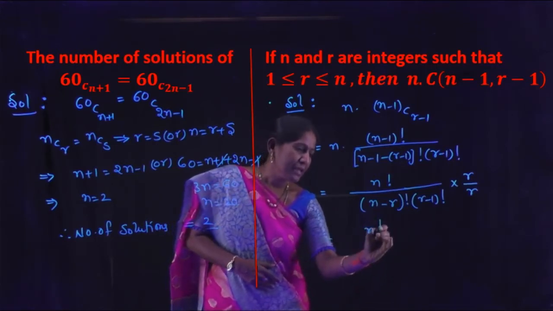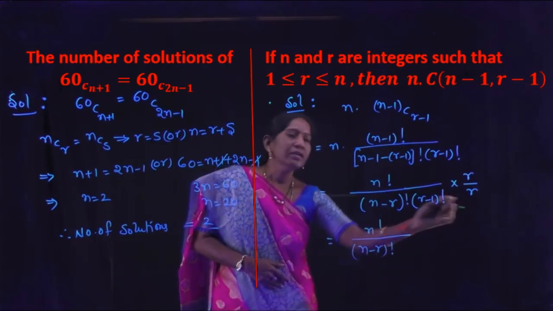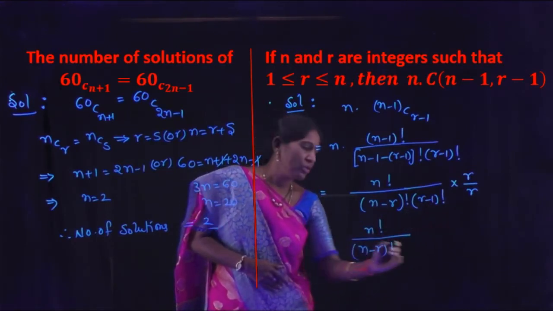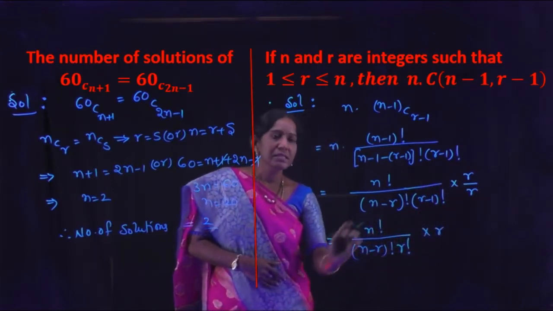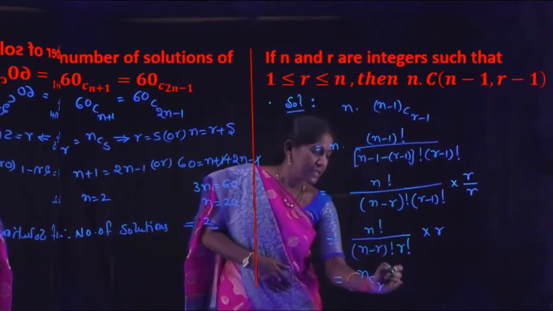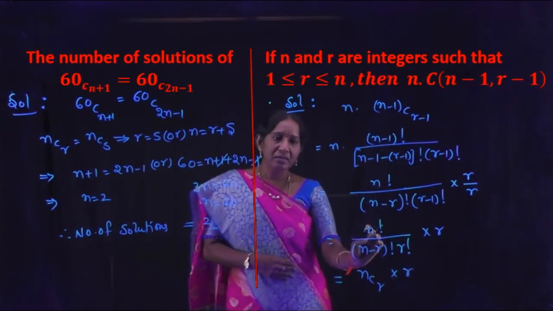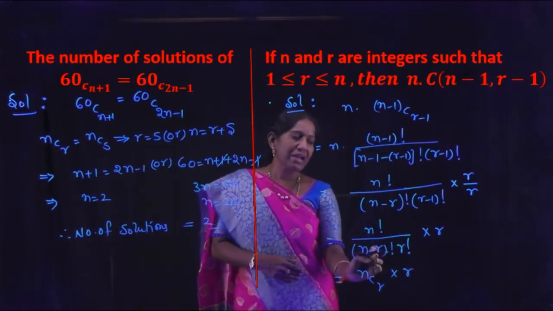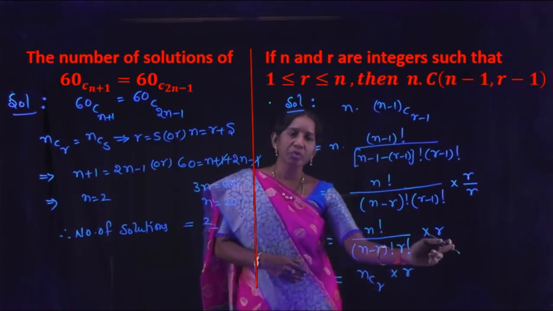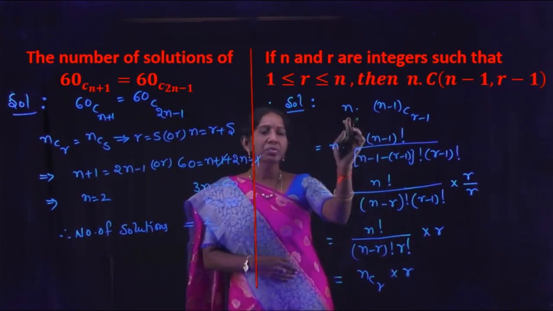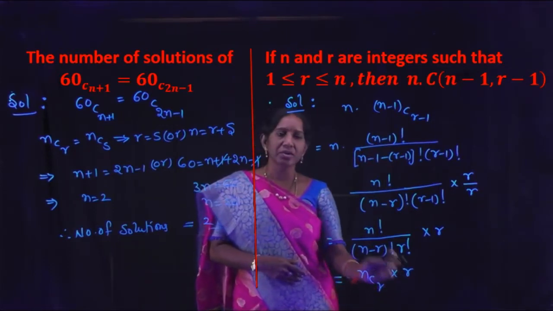So, then it is n factorial by (n minus r) factorial into r factorial into r, that is nCr into r. Therefore n into (n minus 1)C(r minus 1) is nCr into r.